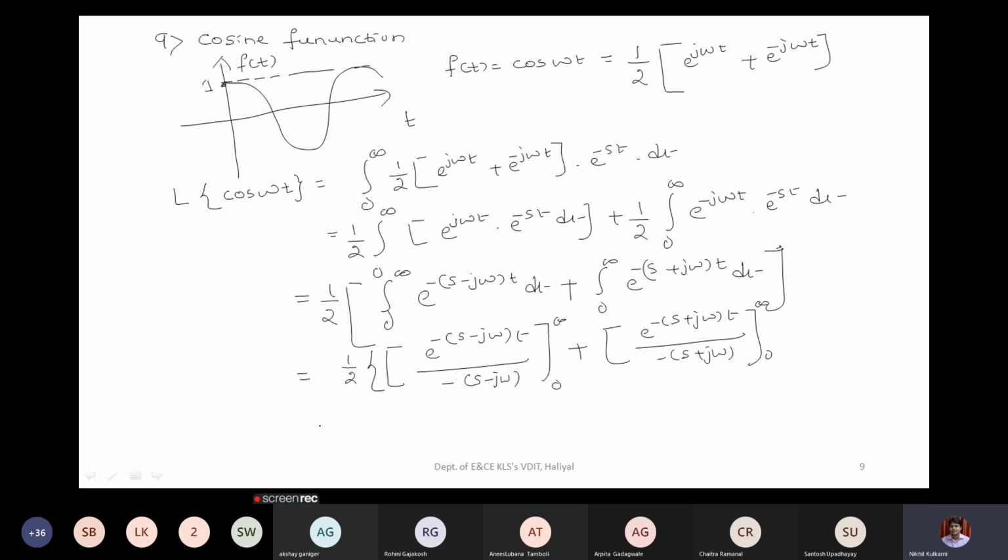Finally, if you use infinity over here, what we get is 1 by 2.